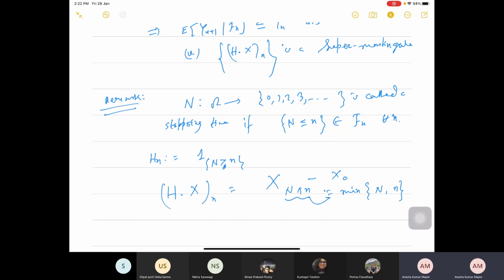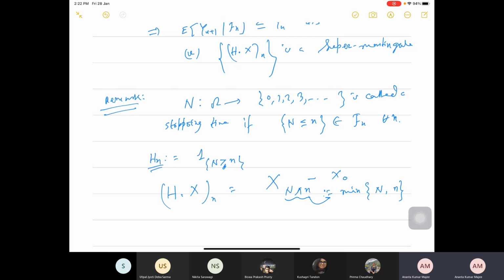The notation for the minimum of the stopping time and n is n wedge, or hat. So h dot x n is nothing but x of n minimum the stopping time minus x of 0, because of this definition of h of n. And hence what we have seen is that this is a martingale or submartingale accordingly, if your x is a martingale or submartingale, is it not?